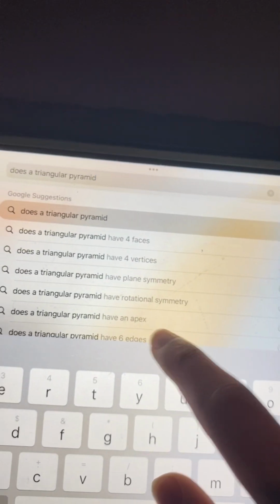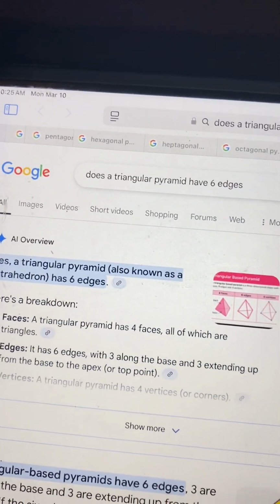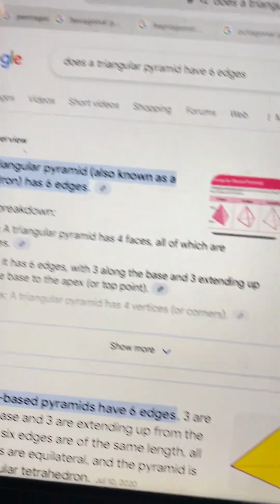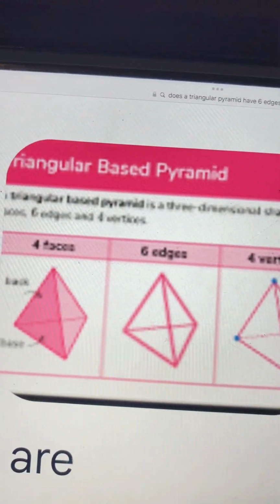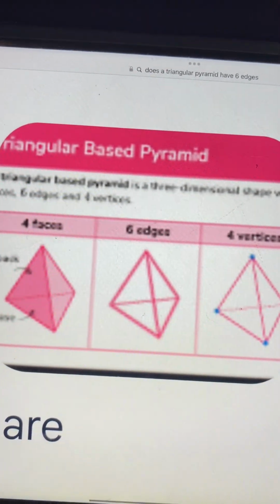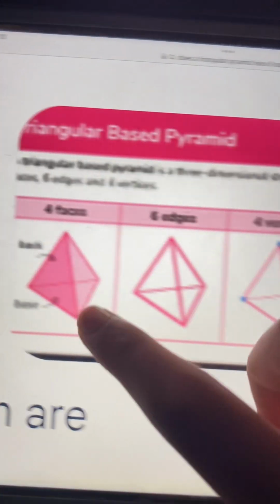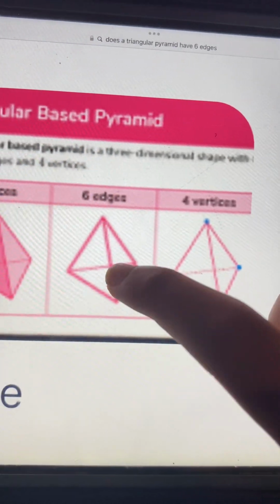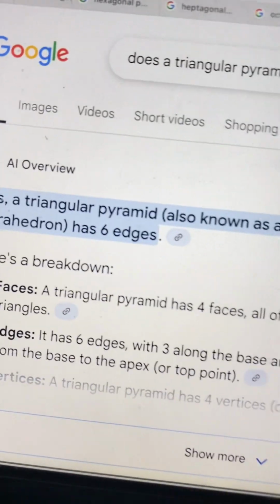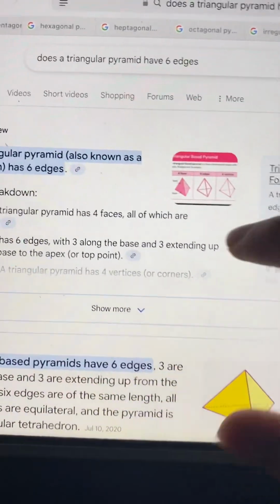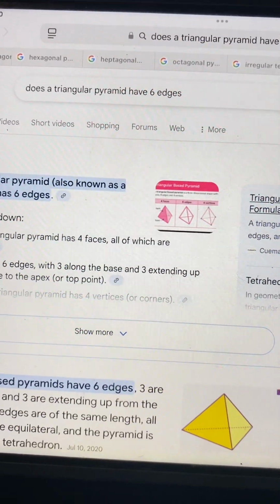Let's see how many edges a triangular pyramid has. Yes, it has 6 edges. That number was very hard to read. I thought it was 5 for a second. So, it has 4 faces, 4 vertices, and 6 edges. That is a very cool shape. All of the faces are triangles.